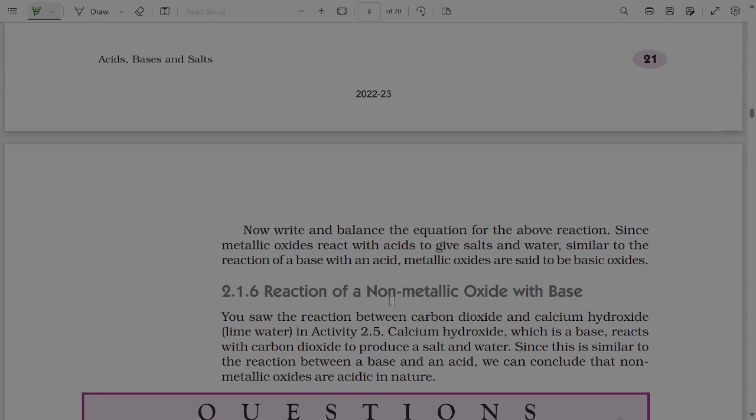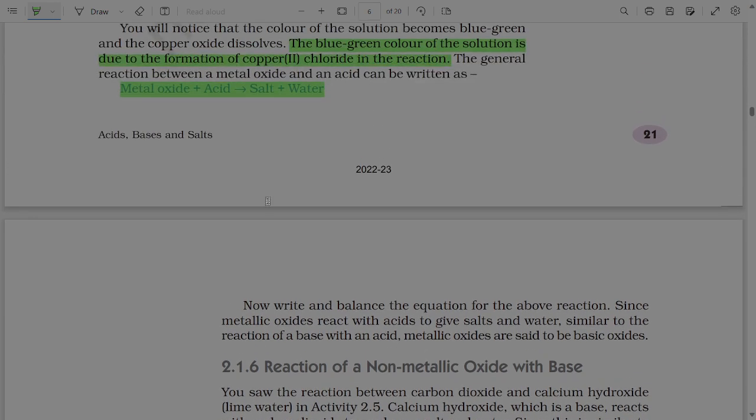Now, if you are told to write the reaction of it, I am writing it here. Please see it. The copper oxide is CuO.